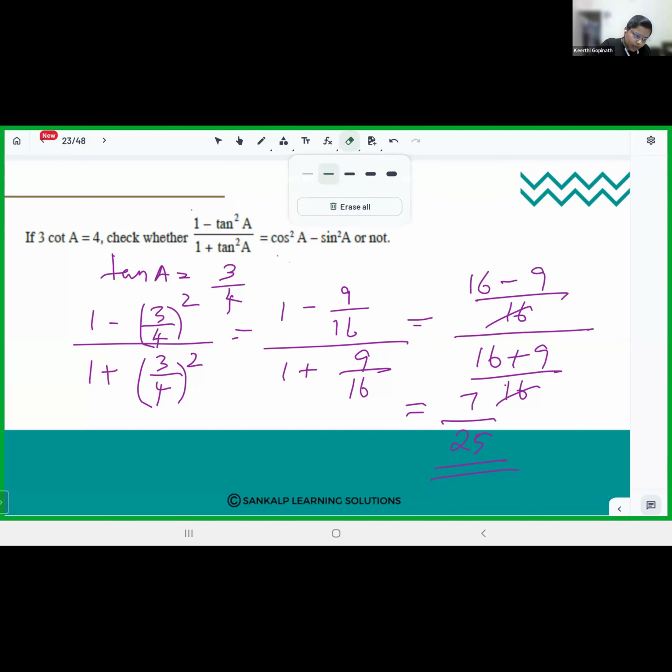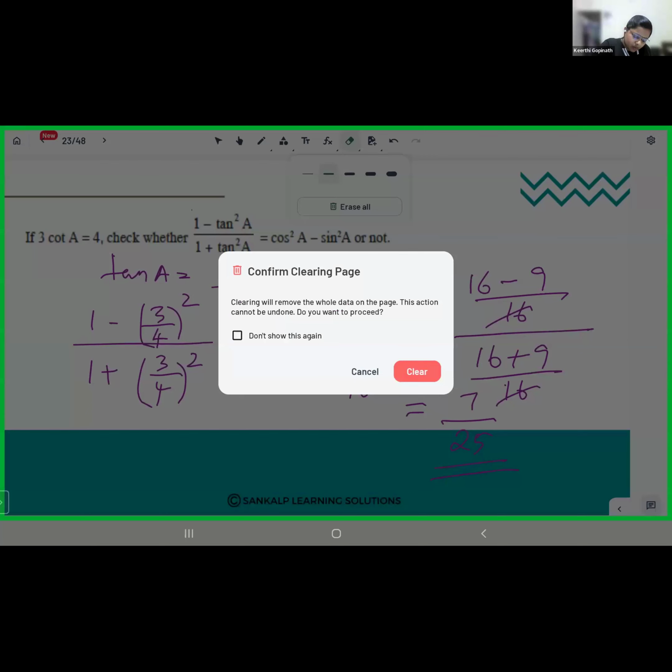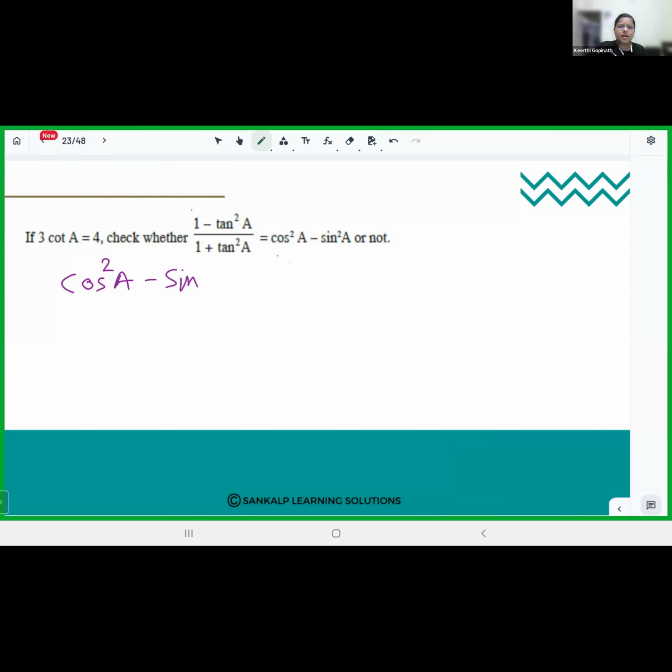RHS is cos square A minus sin square A. So in order to find cos A and sin A, we only know the value of cot A and tan A. So we have to consider the right triangle, right? Cot A was 4 by 3, so tan A is equal to 3 by 4.